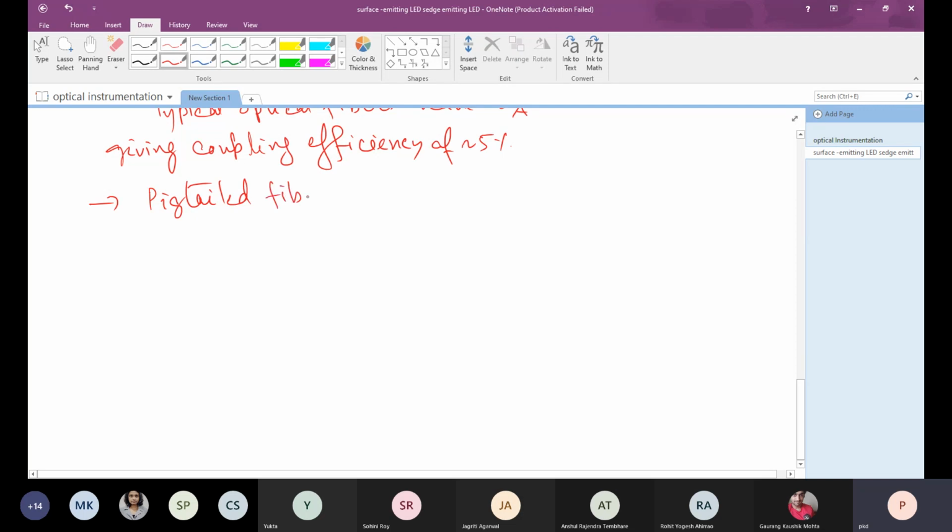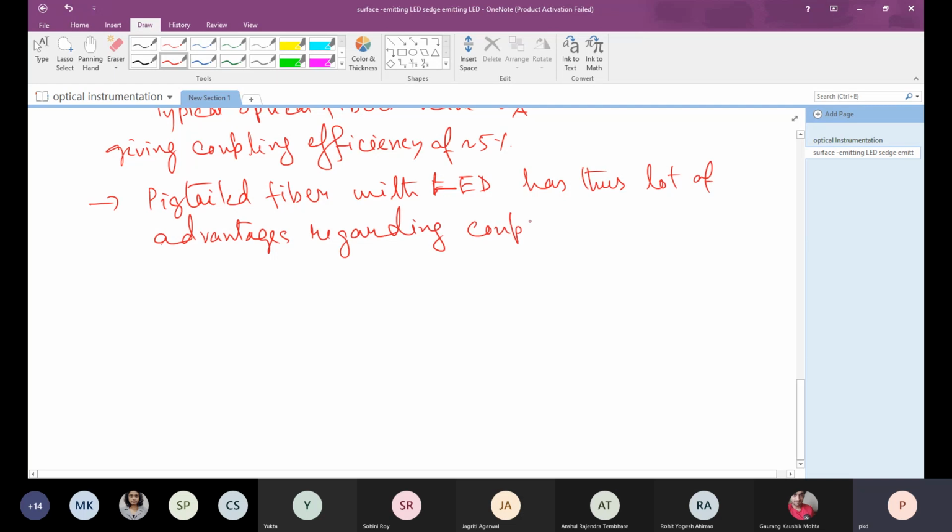Pigtailed fiber with LED thus has a lot of advantages regarding coupling, efficiency, and packaging.